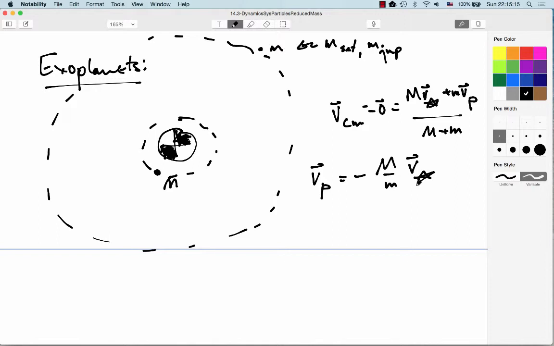This doesn't sound awesome, but believe it or not, this is good enough for us to deduce the semi-major axis of the planet's orbit. And we can deduce the mass of the planet, because you actually do know the mass of the star.